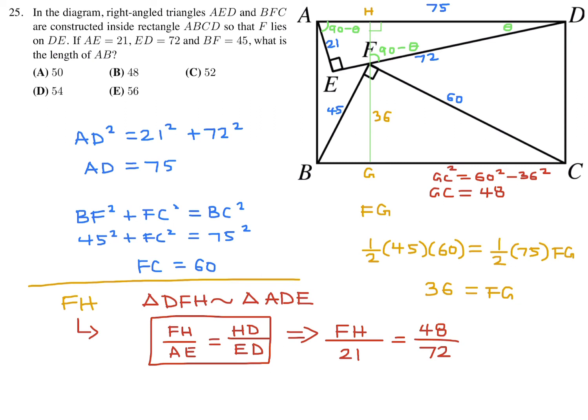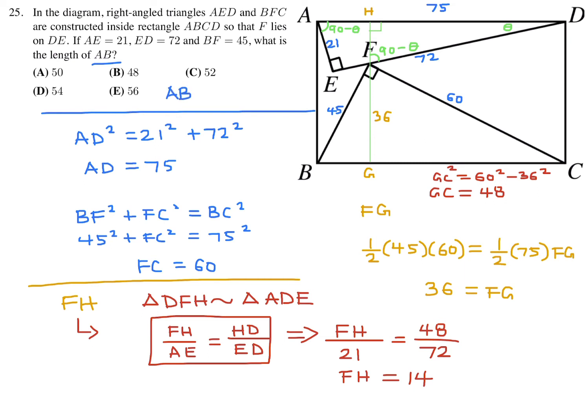So doing the math here, we get FH is equal to 14. And there you have it. We've got the full distance. They want you to figure out AB, correct? I think I can squeeze it in here.